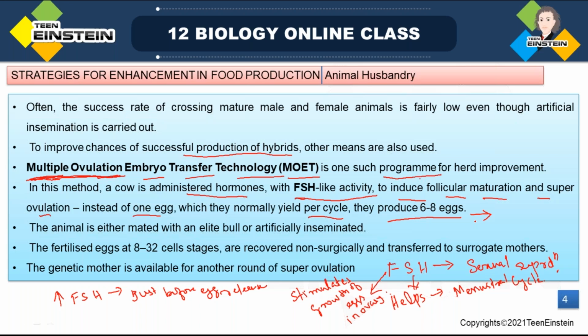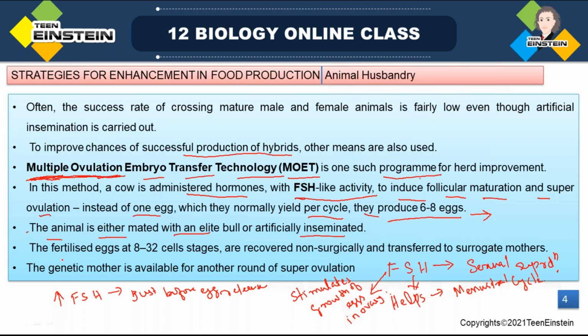Okay. So then that animal is either mated with an elite bull or artificial insemination will be done. So after this FSH-like activity or hormonal injection, that animal is either mated with elite bull or artificial insemination is done. Egg is released, then insemination is also done.